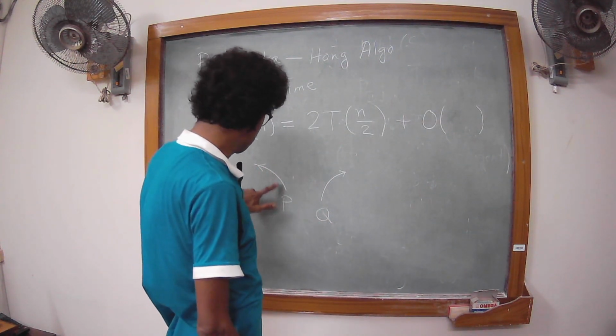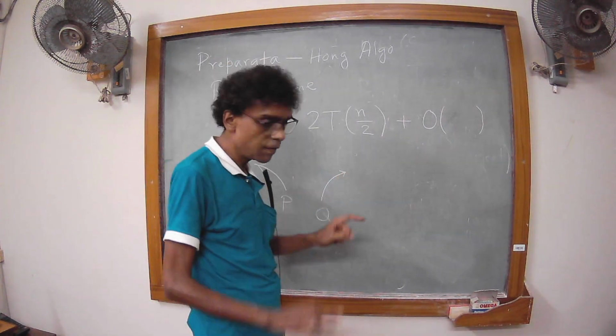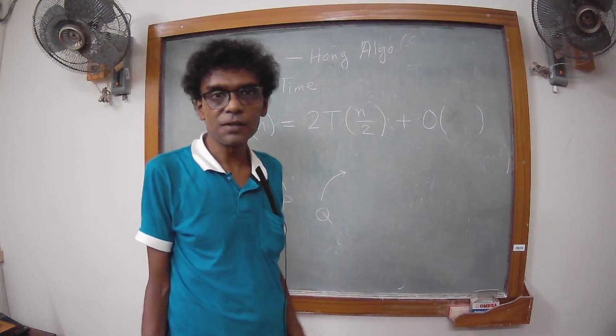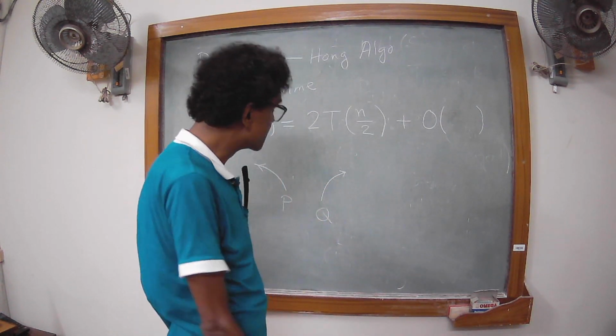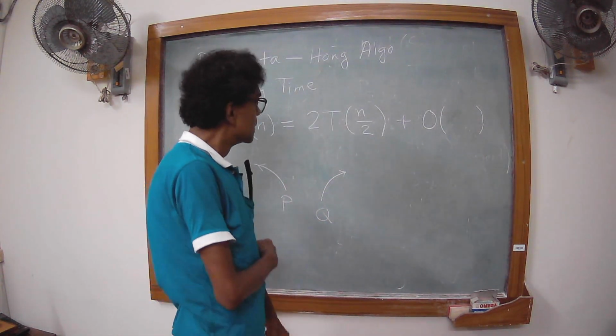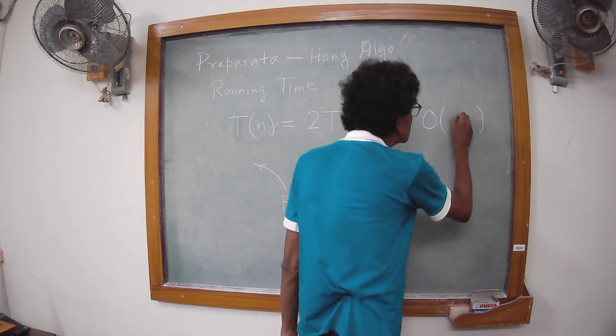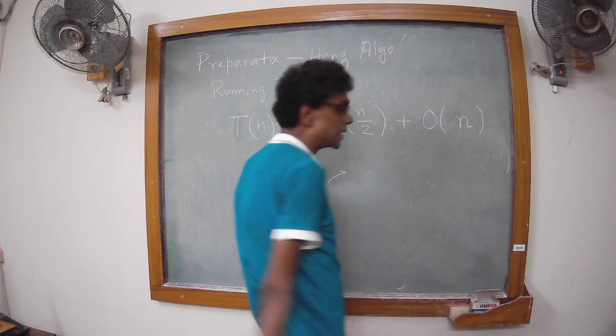So, how many times can P move and how many times can Q move? If I add them together, it cannot be bigger than n, because there are n points after all. Therefore, it follows that this runs in big O of n time.